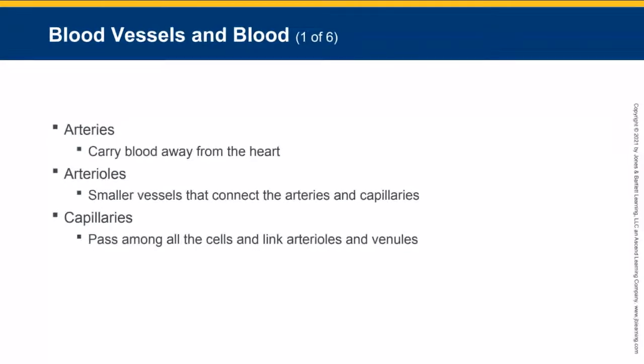Capillaries are the smallest blood vessels within the body, and the capillary is the connecting point between the smallest arteries and the smallest veins. So the capillary is a connection point between the arterioles, which are the smallest arteries in the body, and the venules, which are the smallest veins.